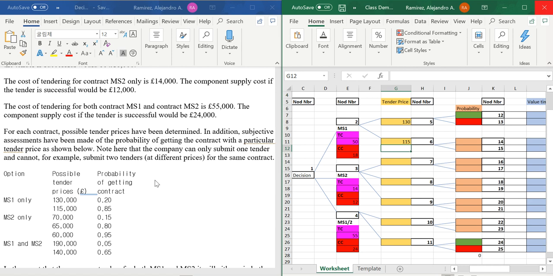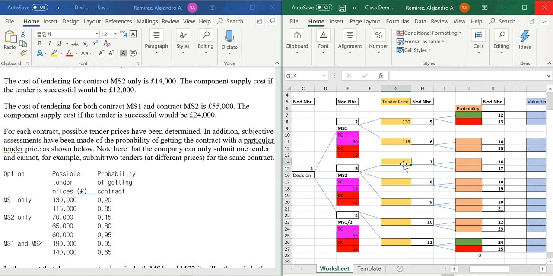If you realize, the lower the price, the higher the likelihood of getting that award. But we have to think as a company. Companies don't just want to sell their products cheap just because they want to get a contract. Sometimes they have to choose what is more convenient for them, the best likelihood and the best profit. And that is what we call the expected monetary value.